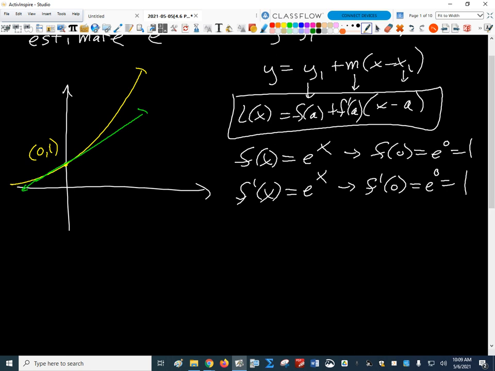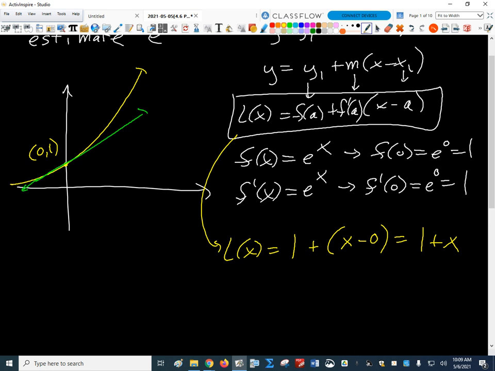L of x is equal to f of a, which we said was 1, plus f prime, which is 1, times the quantity x minus a, where a is 0. So we just get the simple line 1 plus x, right? That's it. That's our approximation to the curve.